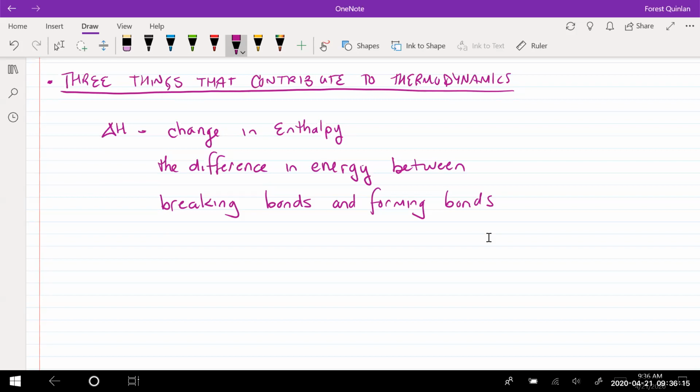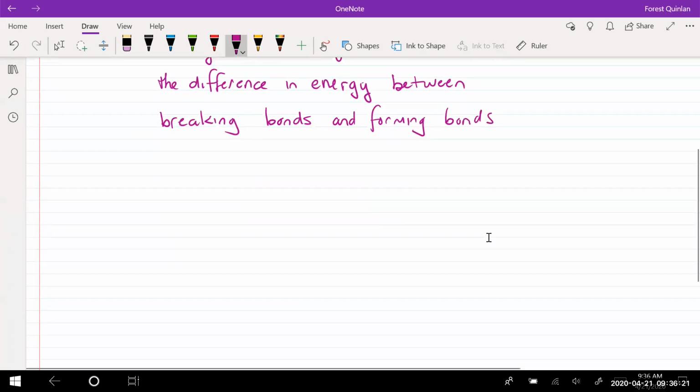That's a very exothermic reaction. It gives off a lot of energy. But you can't just put hydrogen and oxygen in a room and say, go for it. You have to actually do something. And that usually comes in the form of a spark. And so the breaking bonds is the energy that you put in, and the forming bonds is the energy released.